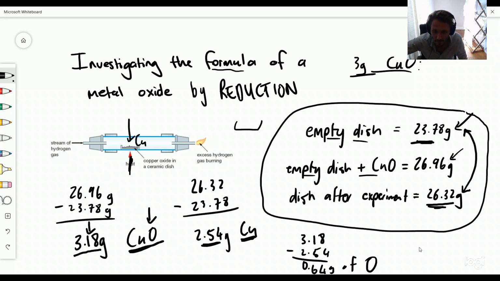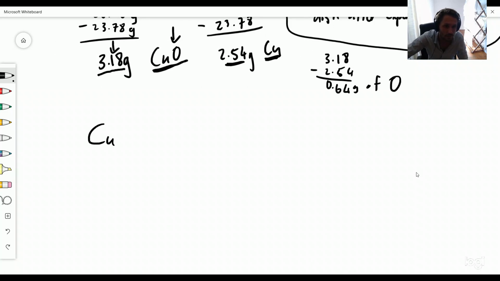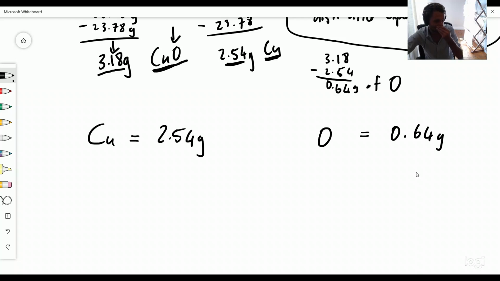Okay, so let's give ourselves a bit more room here. So we've got copper, which gives me 2.54 grams, and I've worked out oxygen is 0.64 grams. Now I'm trying to find out the empirical formula for copper oxide.